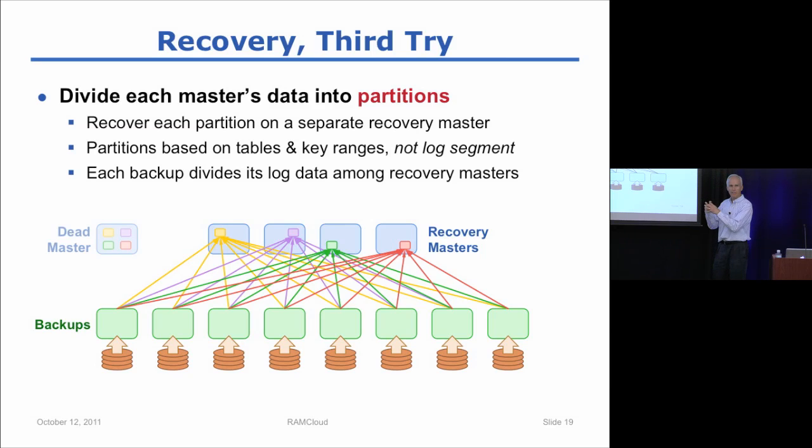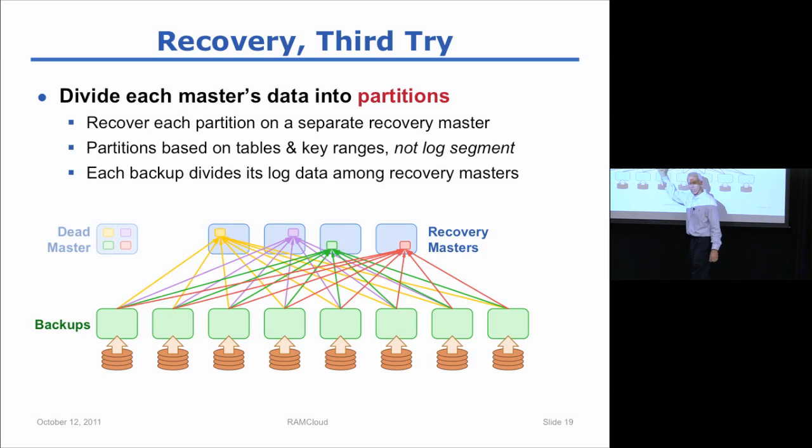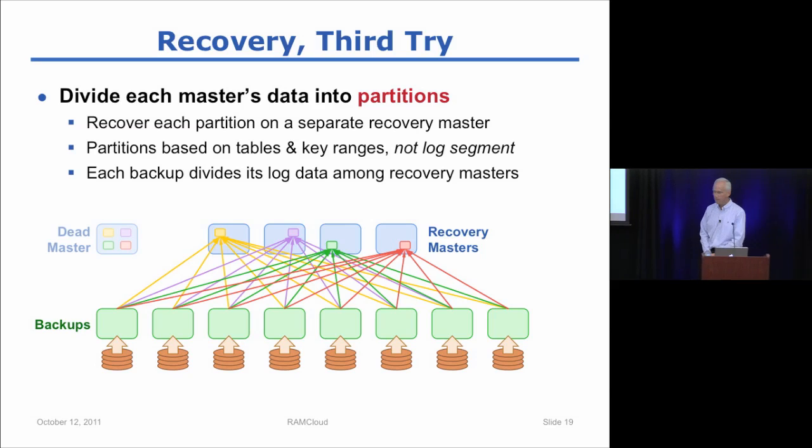As long as all the data for each object goes to the same master, we can replay that and figure out which is the most recent version and reconstruct a hash table. So that all happens in parallel: the reading from disk, transmitting over the network, replaying in the masters, reconstructing hash tables. And then presto, change-o, after about a second, all of the masters have read all their data, and the system can resume operation again. So that's the key idea. It's using massive parallelism.